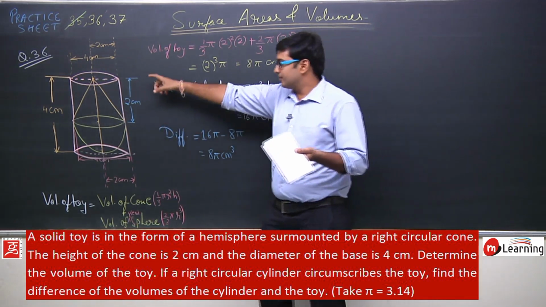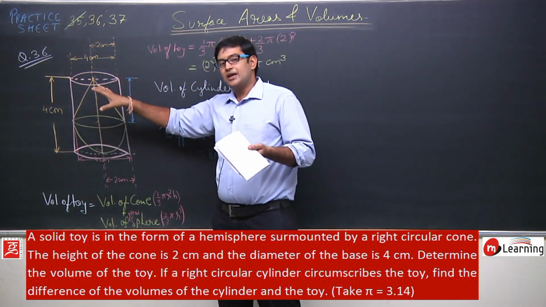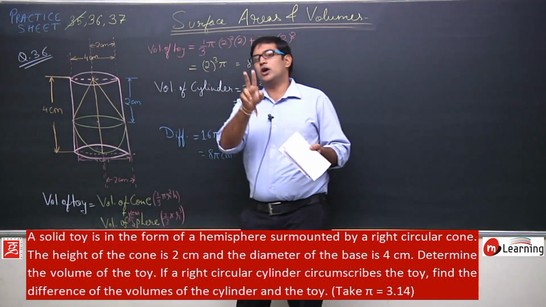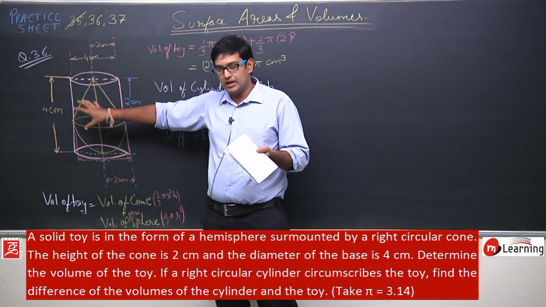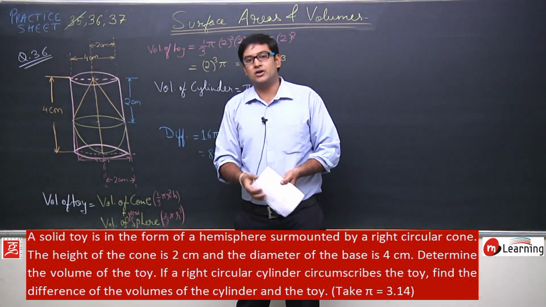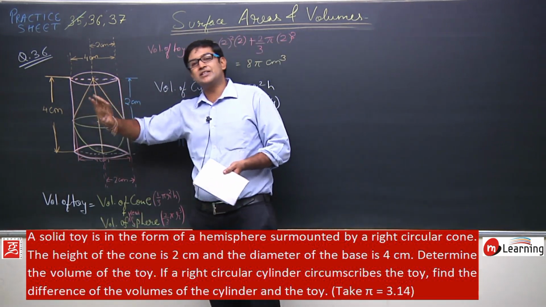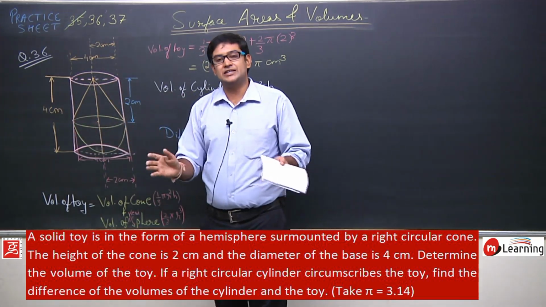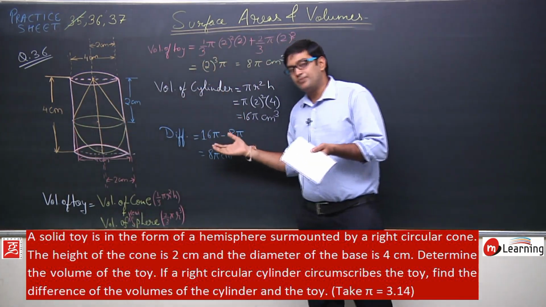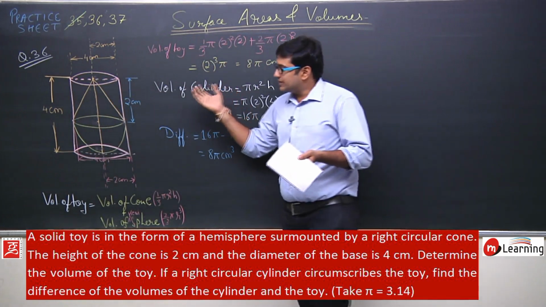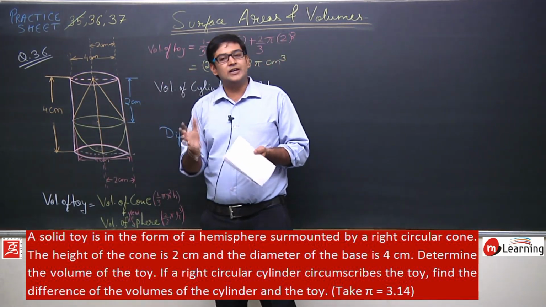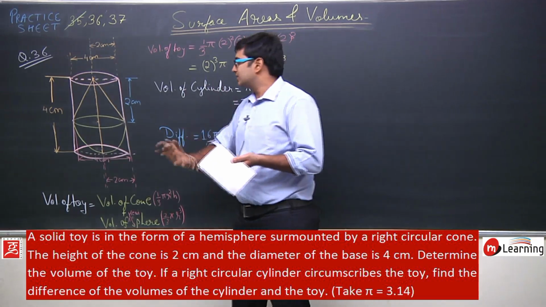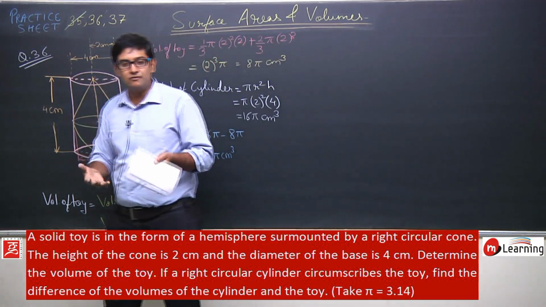So it means in this particular cylinder I can put 2 toys of this kind, but the shape has to be different, because if I compare the surface area of the toy and the cylinder, there might not be the same relation as we have in the volume. So you can see the toy is made up of 2 different solid figures, but still the volume of the cylinder is double that of the toy.